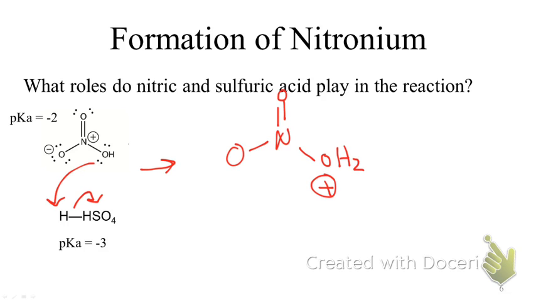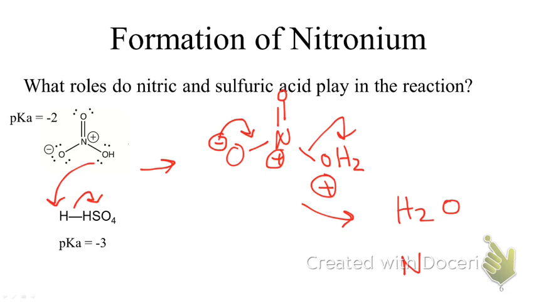Does oxygen want to be positive? Nope. So what's it going to want to do? Right idea, wrong direction. Take electrons. Which then means that nitrogen's really upset, so it starts to borrow electrons from the oxygen nearby. And we end up with our final product, H2O and nitronium.